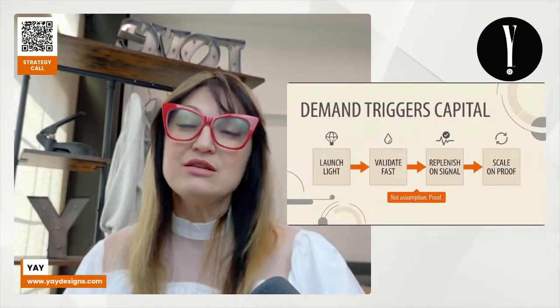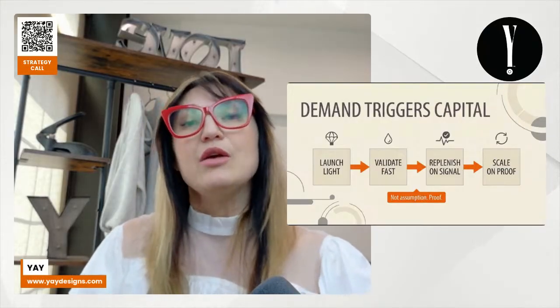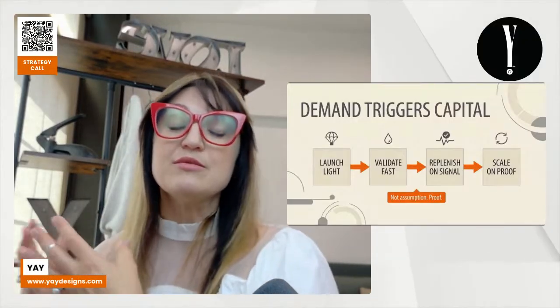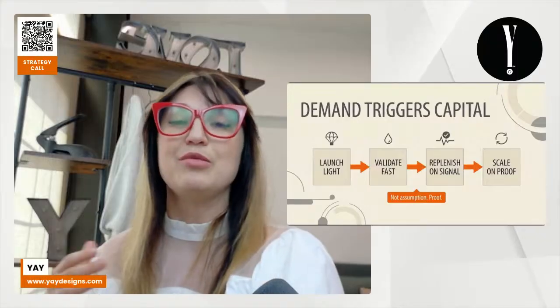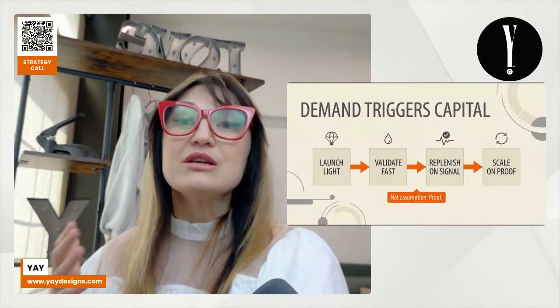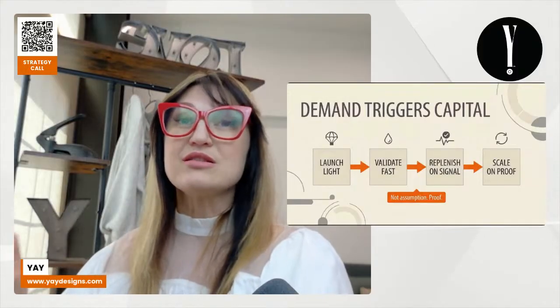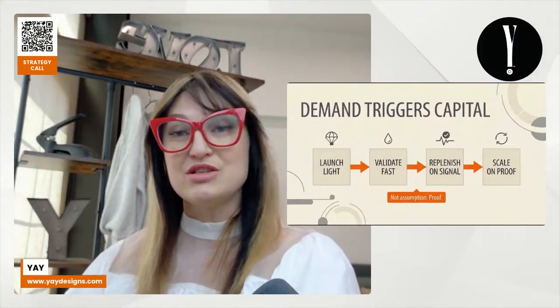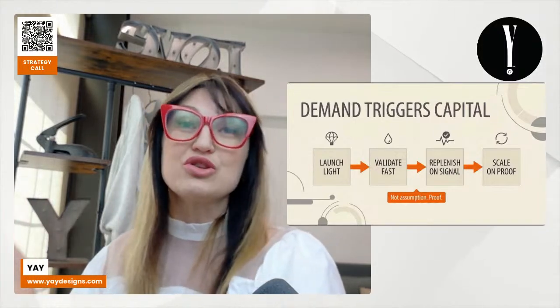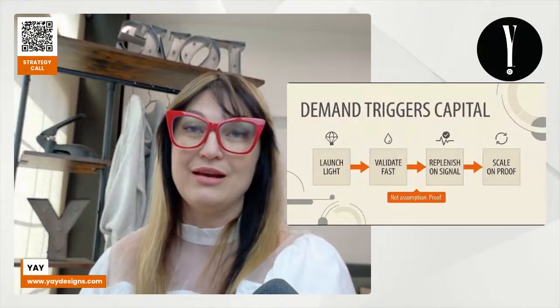In a demand-triggered system, we're able to respond to the demand within that season and be able to turn on inventory quicker. It's no longer based on assumptions based on the past sales history, which obviously is absolutely important, and we still have to make sure that we include that as part of our planning.